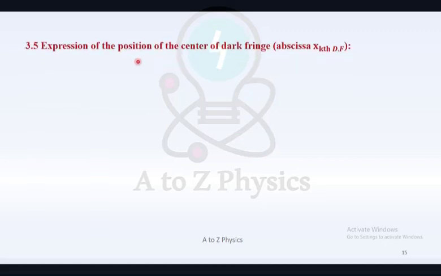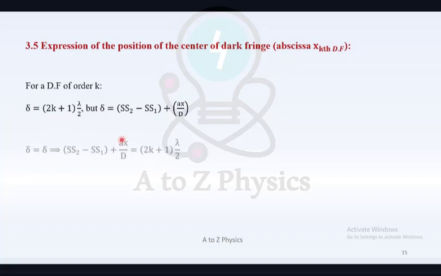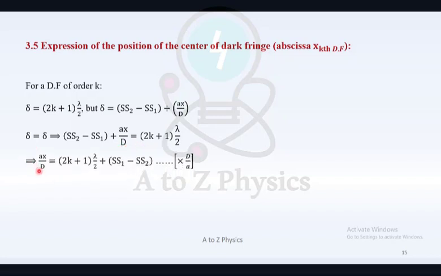Now the expression of the position of the center of a dark fringe. For a dark fringe of order k, delta equals (2k plus 1) lambda over 2, but delta equals SS2 minus SS1 plus aX over D. Delta equal to delta implies SS2 minus SS1 plus aX over D equals (2k plus 1) lambda over 2, and so aX over D equals (2k plus 1) lambda over 2 plus SS1 minus SS2.